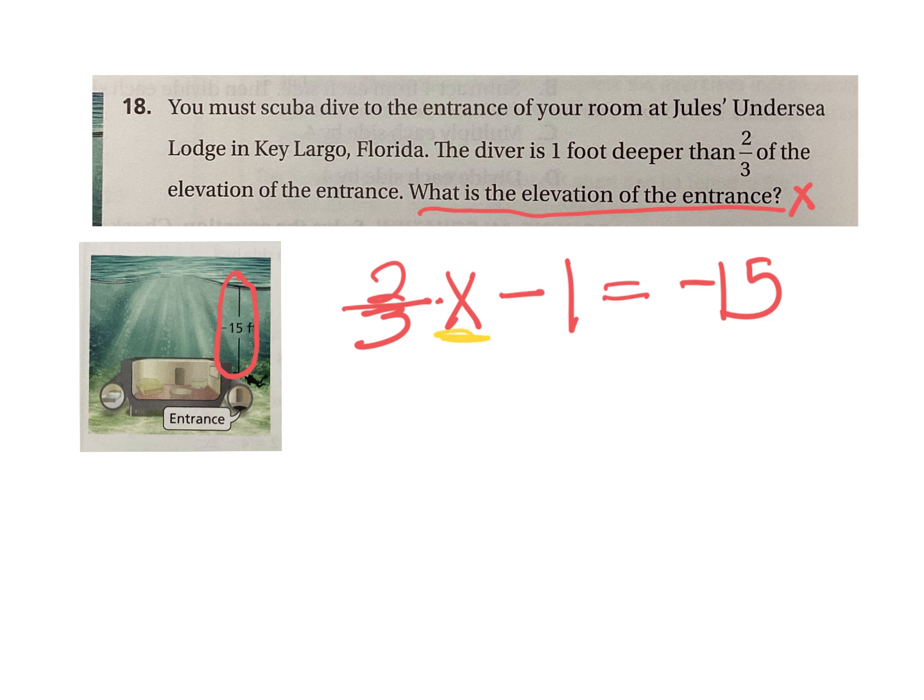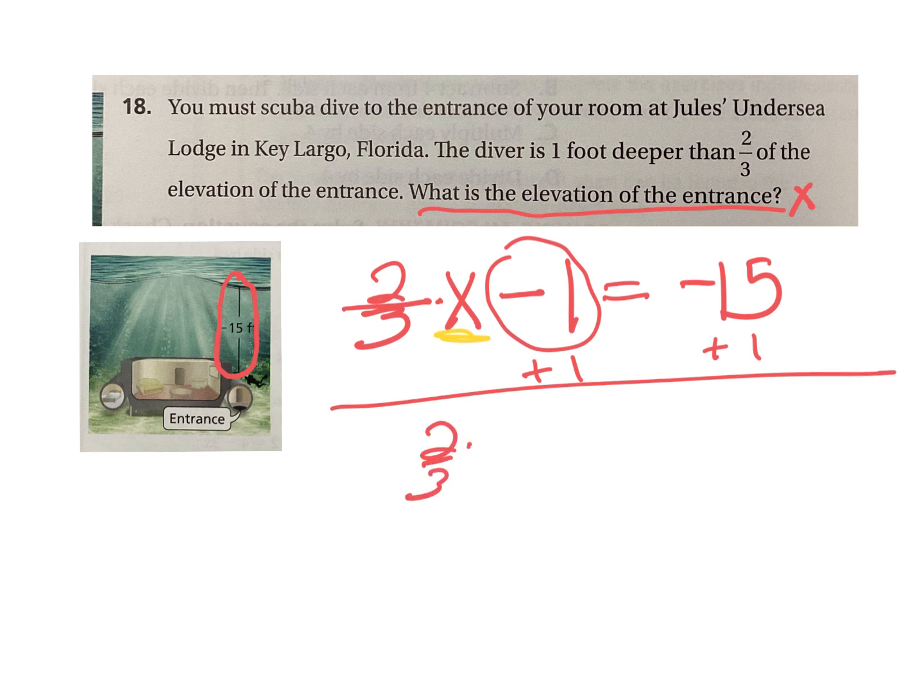So now I just do my algebra, my 2-step solving of the equation. I want to find out what x is. I'm going to get rid of this negative 1 first. So I have to add 1 here, add 1 here. That gets me 2/3 x equals negative 14. Now I want to get rid of this 2/3 to give x all by itself. It's times 2/3, so I'm going to divide this side by 2/3, divide this side by 2/3.